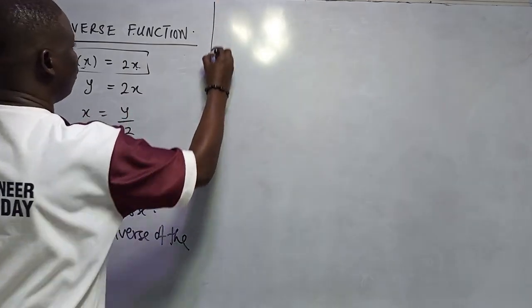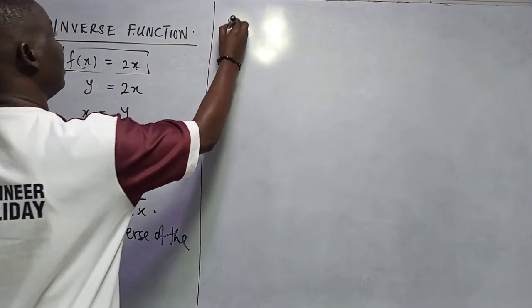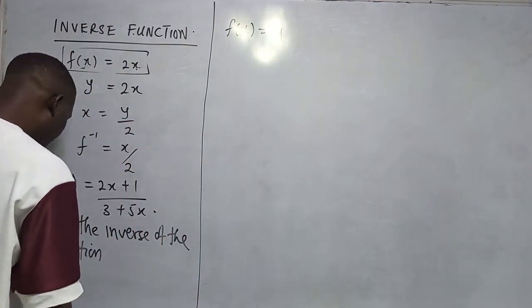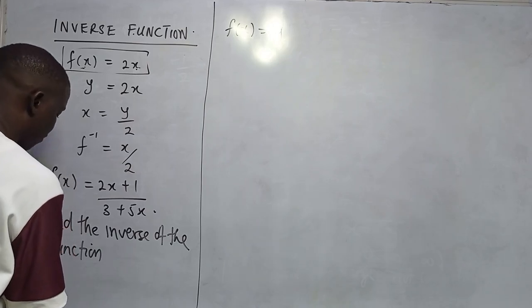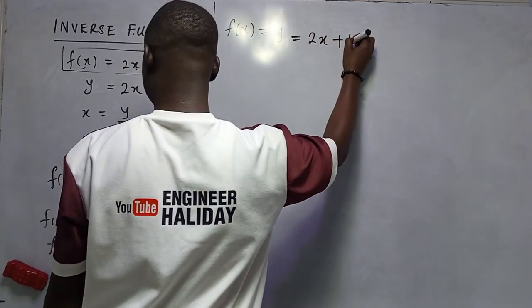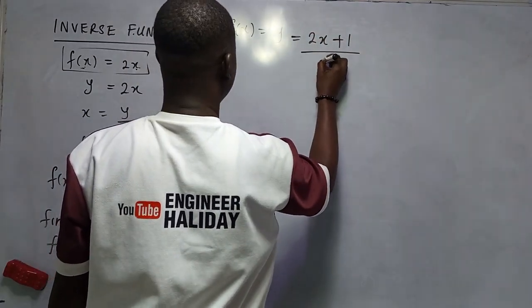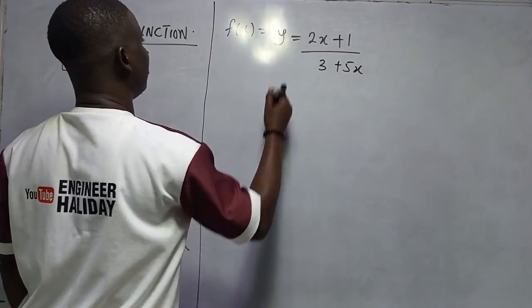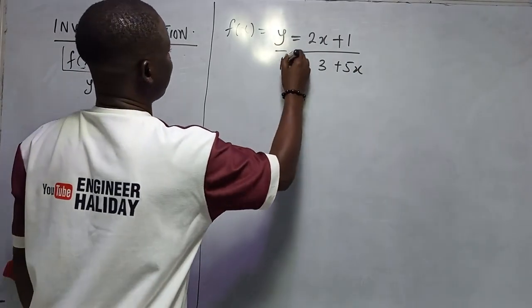What I want to have here is simply f of x, which is equal to y, which becomes equal to 2x plus 1 over 3 plus 5x. Now we're going to make x the subject of the formula by cross multiplying.